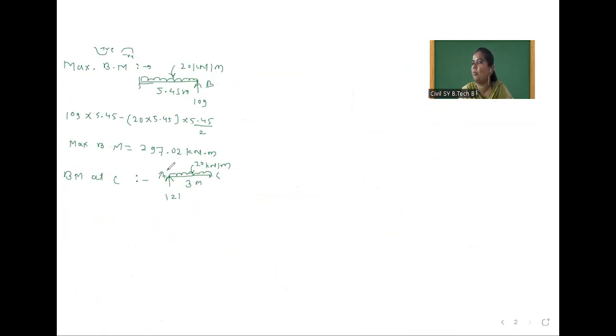This pushes upward, that means sagging nature will be there. So plus 121 into perpendicular distance 3 meter. Then this 20 pushes downward, that means hogging nature will be there. So minus 20 into 3, and then it will act at 3 by 2. So you calculate bending moment at C, which is equal to how much?